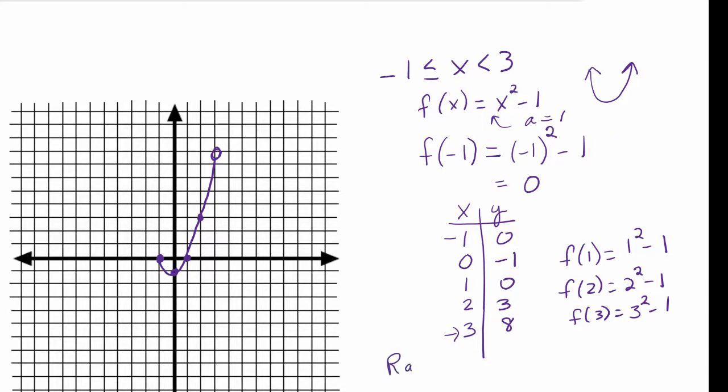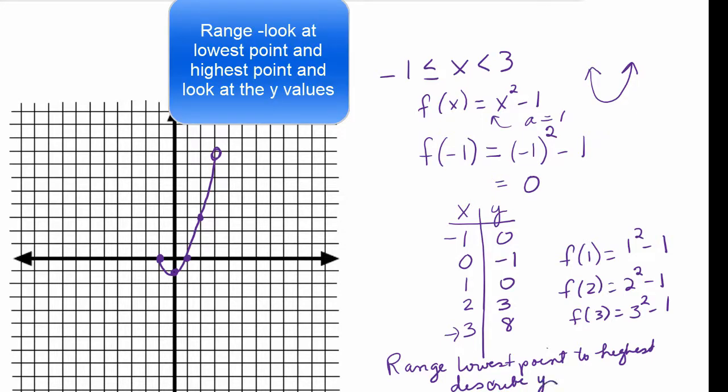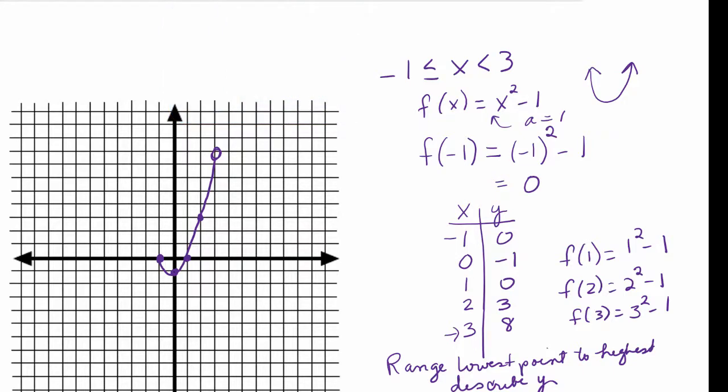Looking at the range, again, we're going to go from our lowest point to our highest point, and we're going to describe the outputs or the y values. Lowest point to highest on your graph, and then describe y. So the interval that we're describing is in terms of y. So the lowest point is definitely right there.